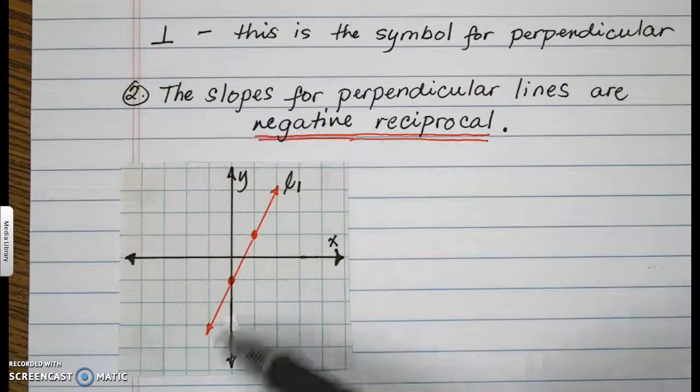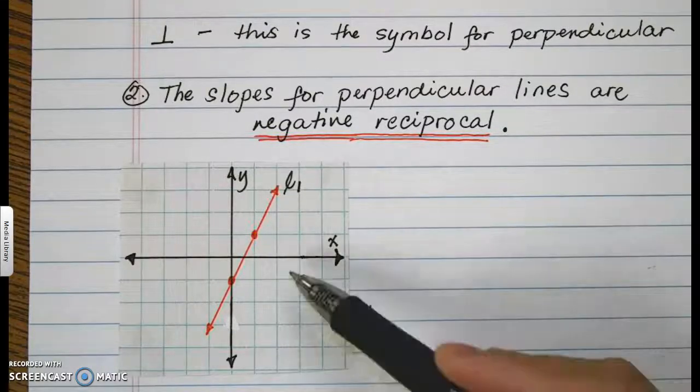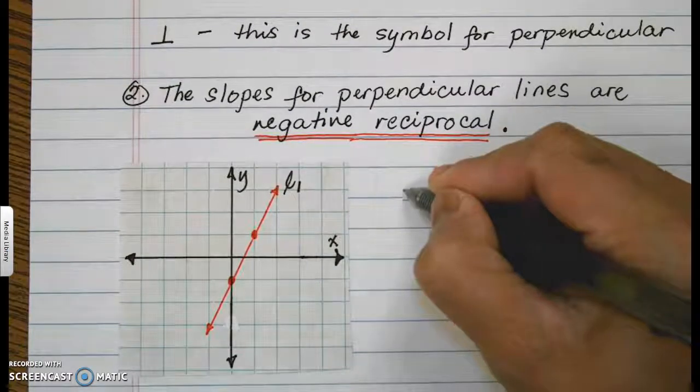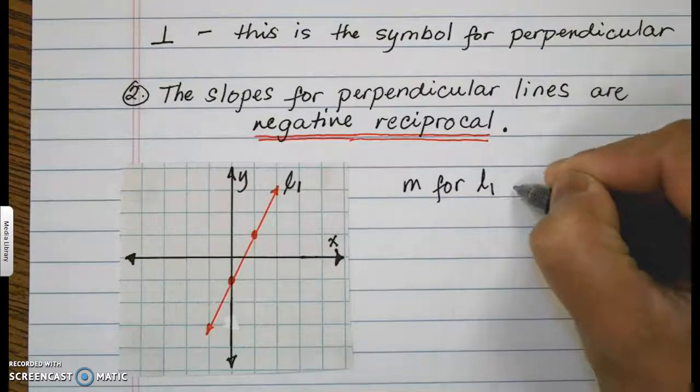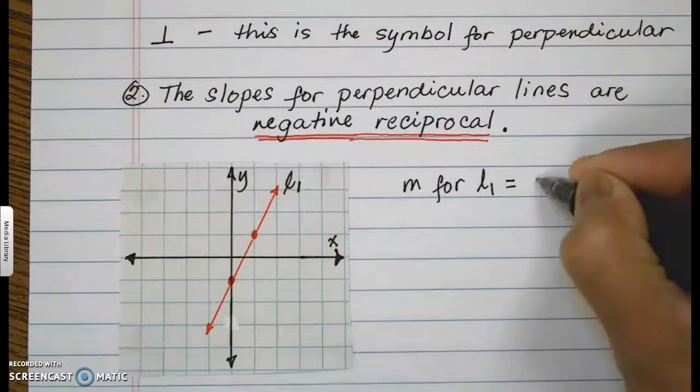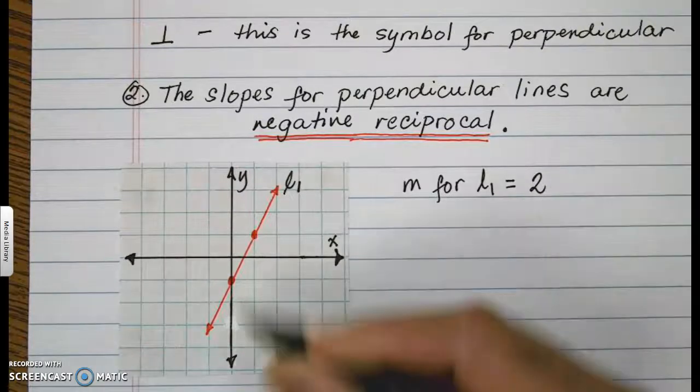So let us begin on this one. If my line 1 has a slope, so my slope for line 1 is equal to 2. That's my rise and run.